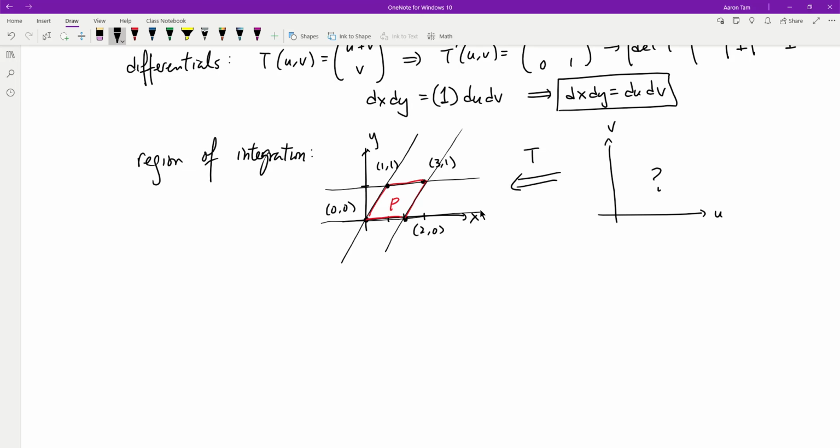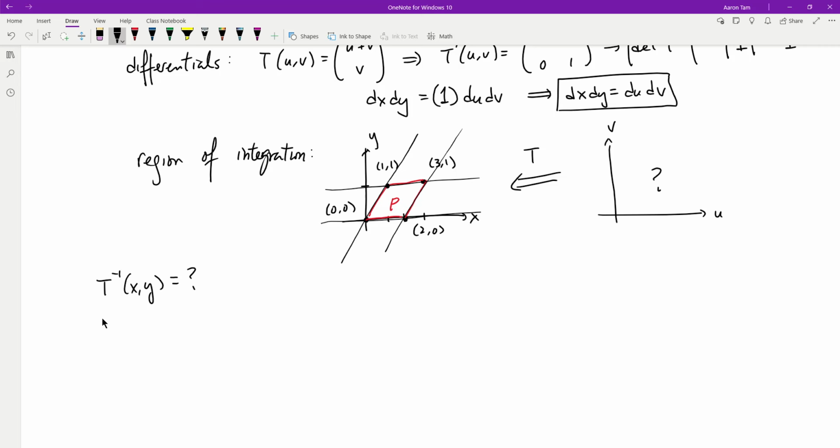Number one, I need to figure out what T inverse is, because if I know T inverse of XY, I will be able to put in what we know in XY and form what I need in UV. And two, I also need to know how the region is bound, which is basically what these four lines are. Okay, so let's start by working on the T inverse first.